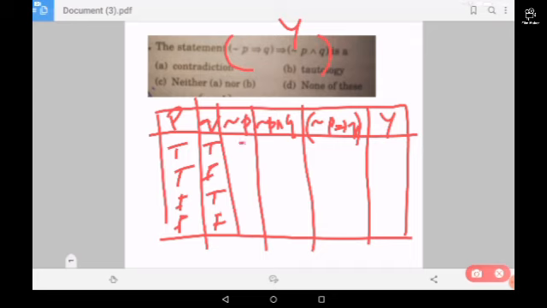Negation P will be F, F, T, T. Negation P and Q will be F, F, T, F, and negation P implies Q.